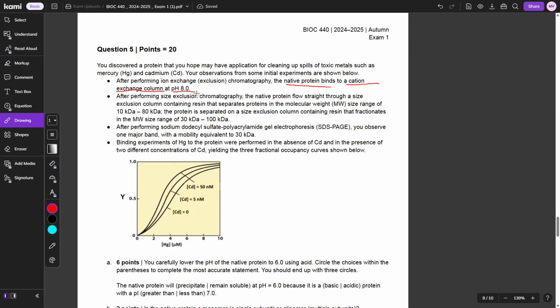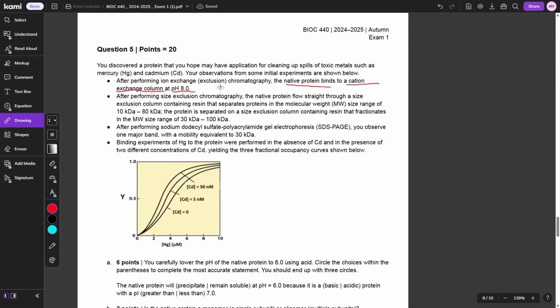The beads are negative, so if we exchange the cation, swapping out the placeholder cation for the protein we're putting in, the protein must be positively charged. Good? Okay, so the protein's basic.